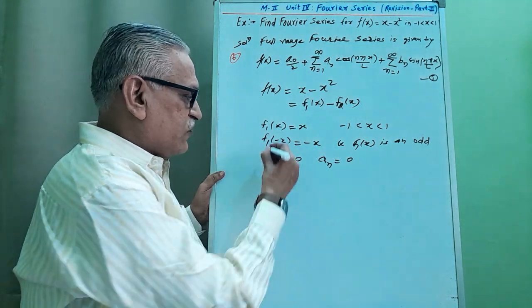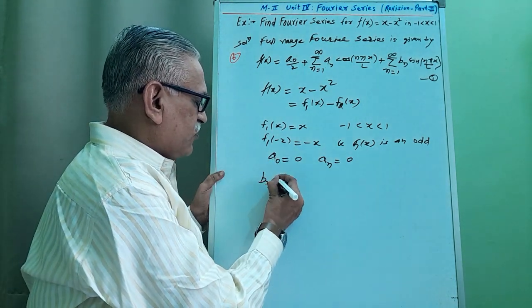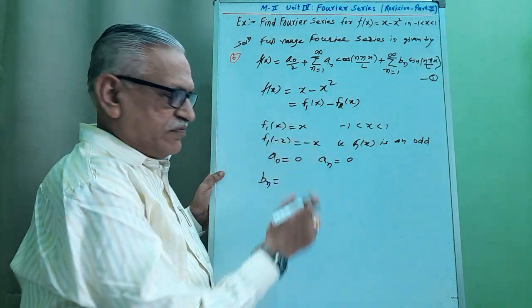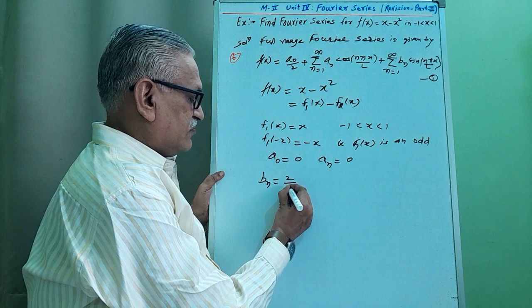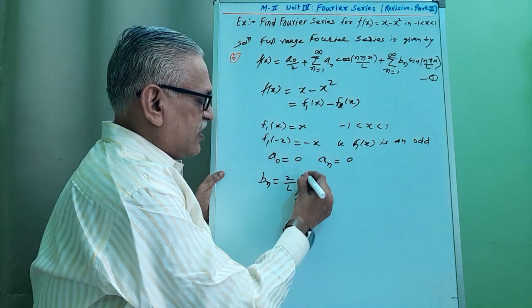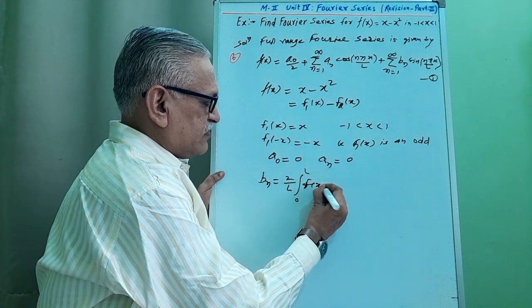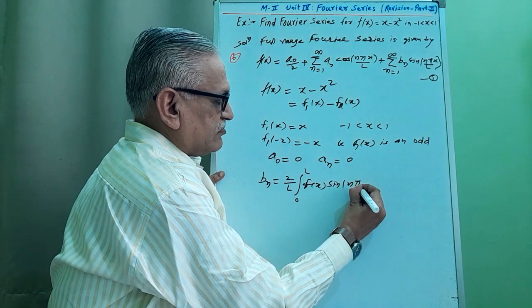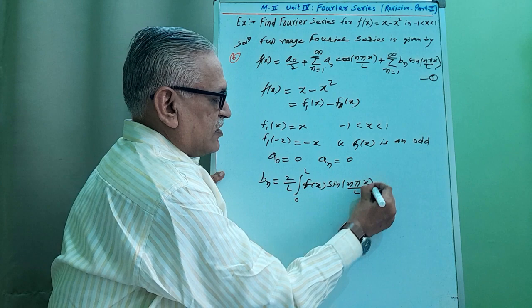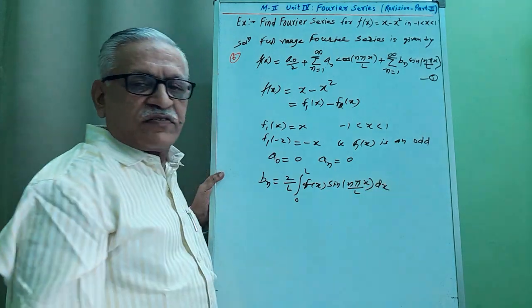and we only require to find bn, and bn for this function is 2 by L integration from 0 to L f of x sin n pi x by L, and its integration with respect to x.